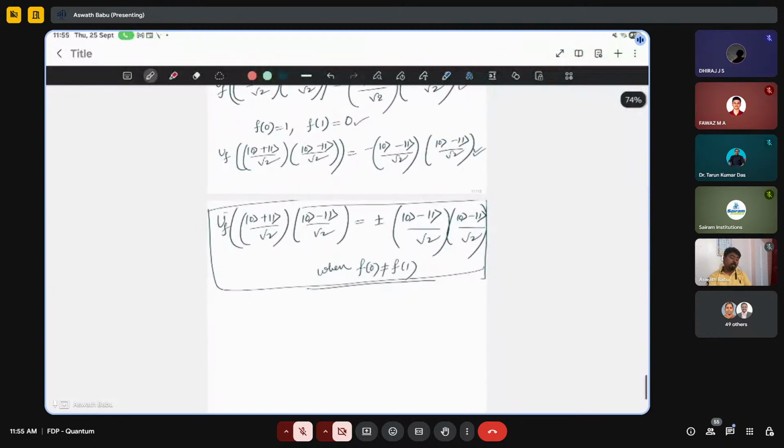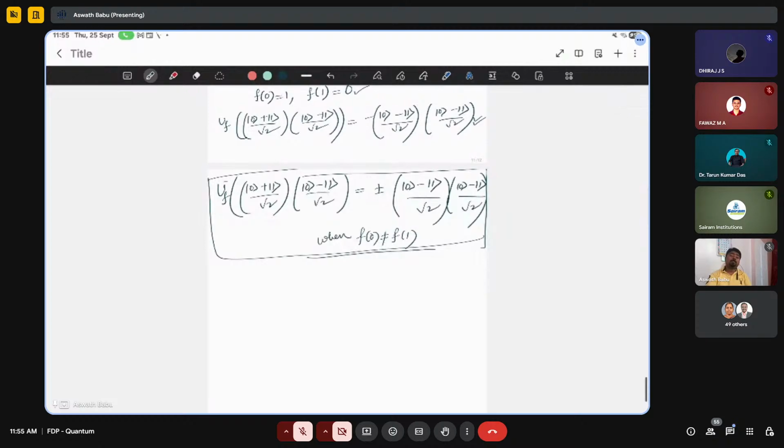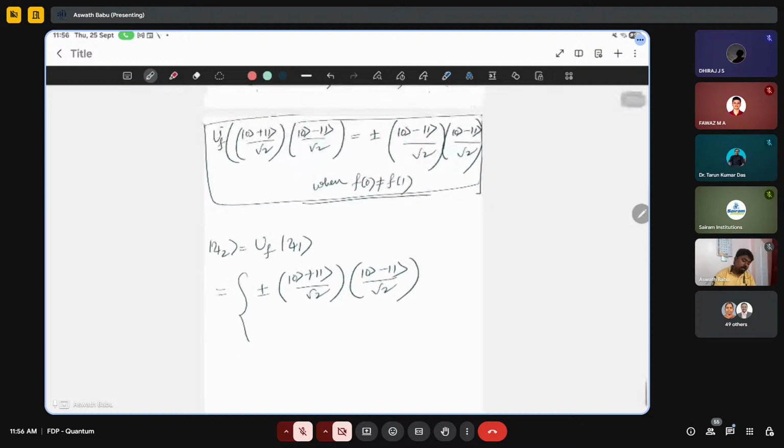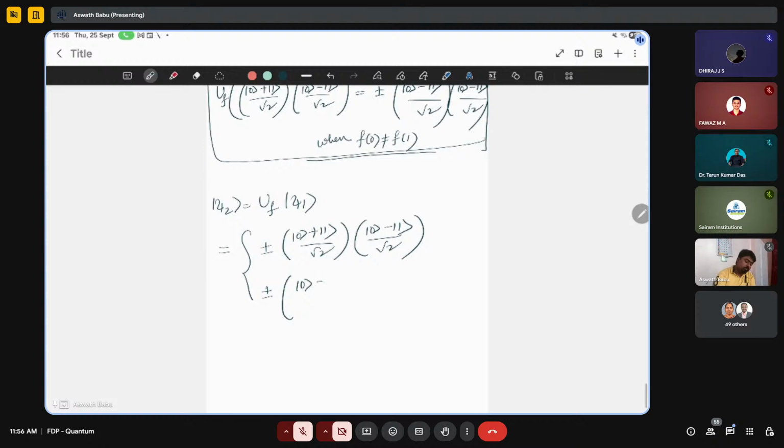Of course, there is a possibility. What is that possibility? Psi 2 is equal to unitary function on psi 1 is equal to plus or minus 0 ket plus 1 ket divided by square root of 2, 0 minus 1 divided by square root of 2, plus or minus 0 minus 1 divided by square root of 2, 0 minus 1 divided by square root of 2, for f of 0 is equal to f of 1, for f of 0 not equal to f of 1.